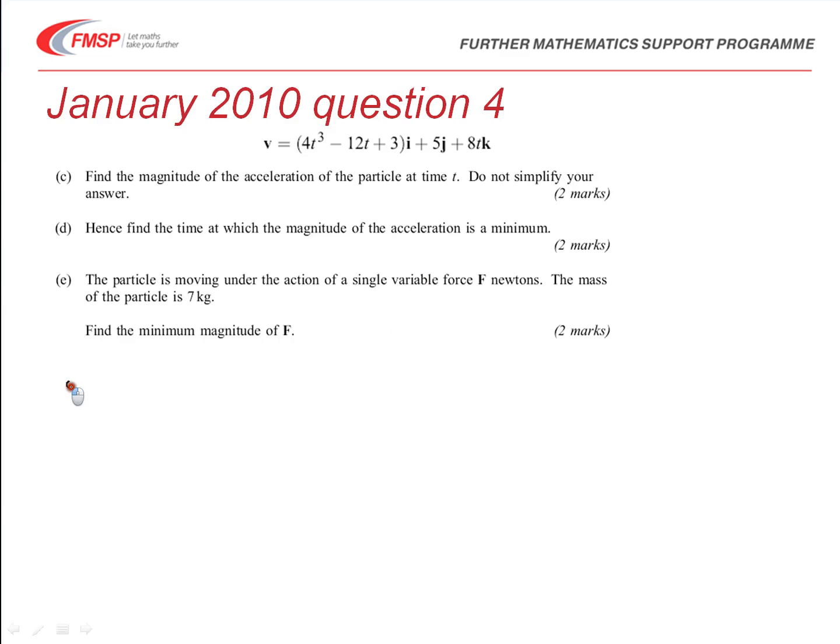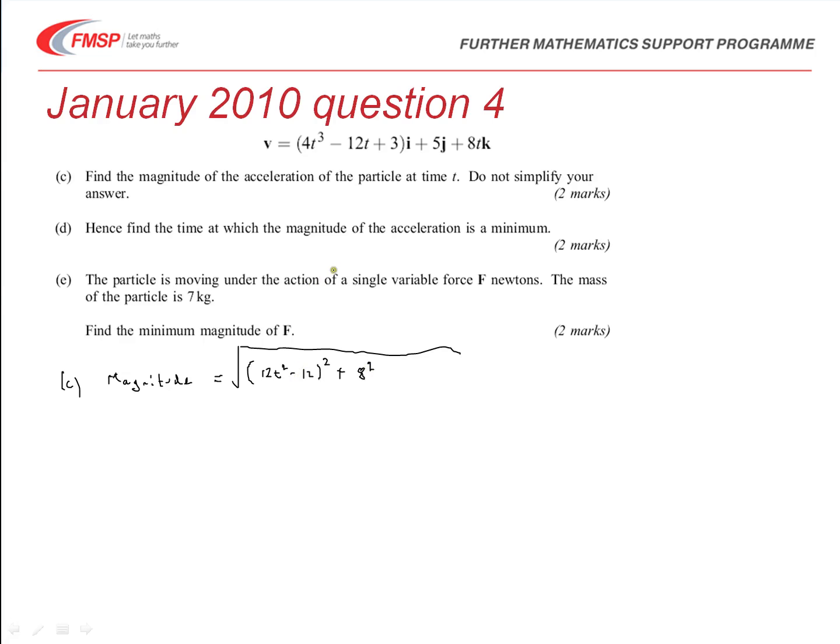So back in part B, we found that the component of i is 12t squared minus 12, so that has to be squared, and then the component of k is 8, so that becomes 8 squared, and that has to be square rooted.